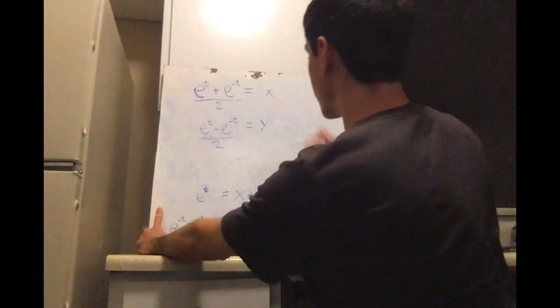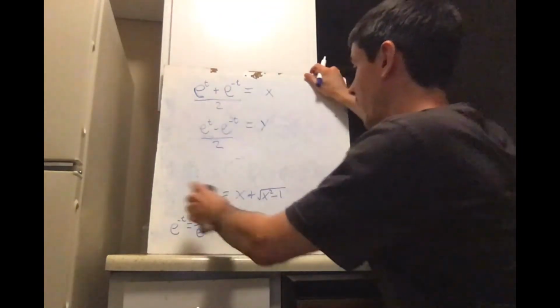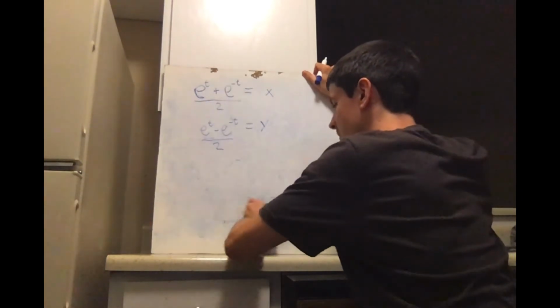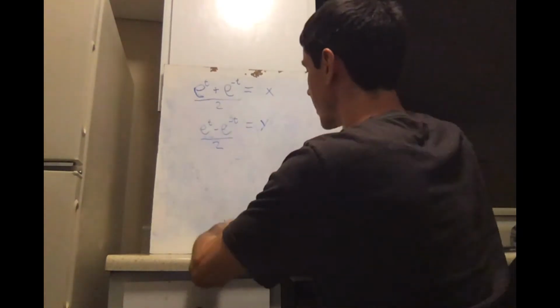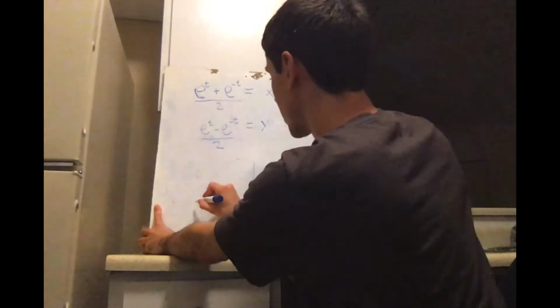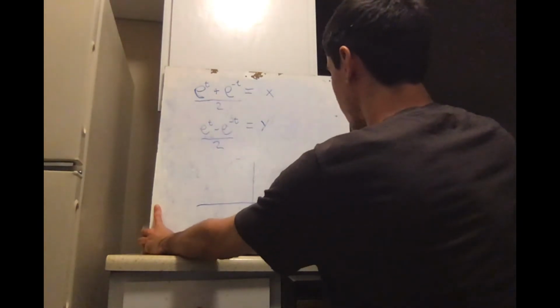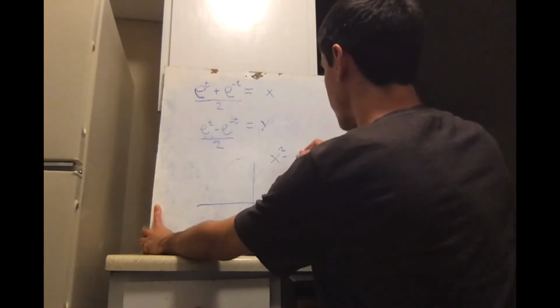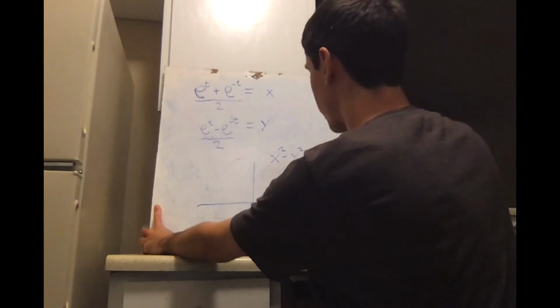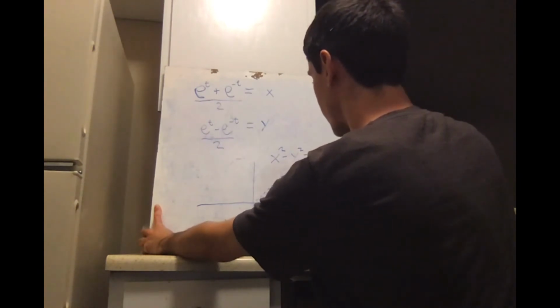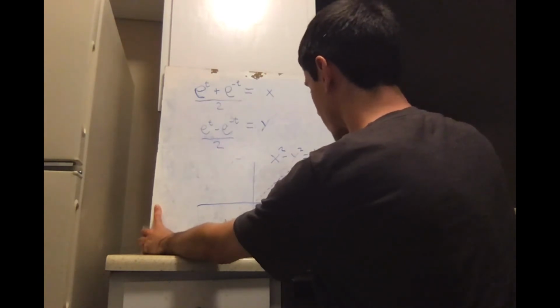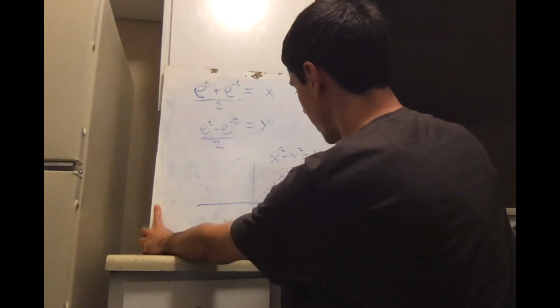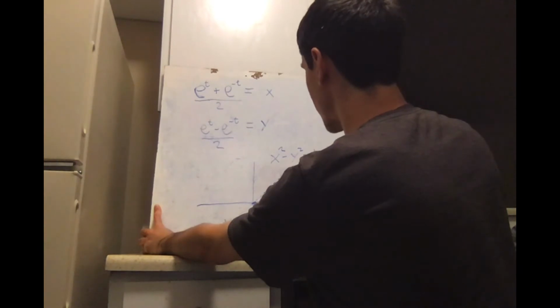And so, to summarize everything, what we have shown is that if we have this unit hyperbola given by x squared minus y squared equals 1, try to draw it nice, then we have this shaded region.